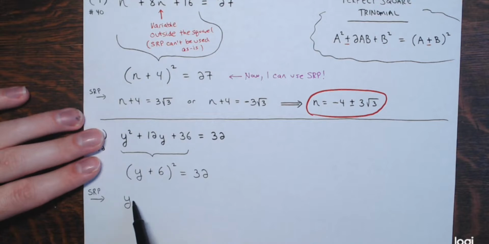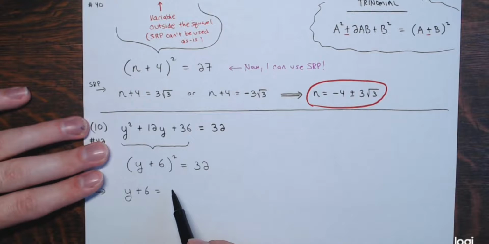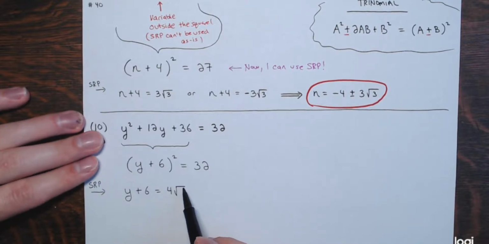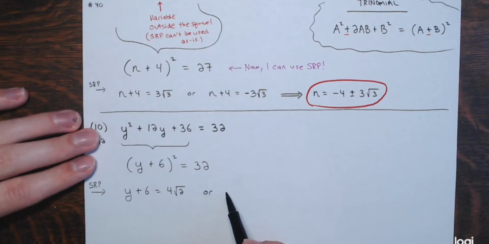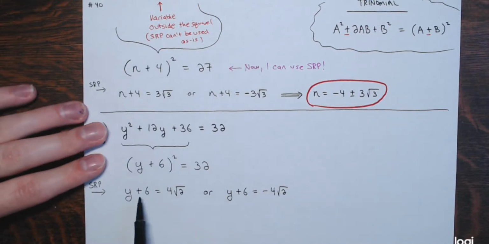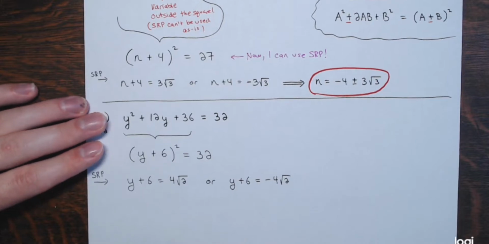So by the square root property, y plus 6 is either positive square root of 32, which is 4 times the square root of 2, square root of 16 times the square root of 2, or y plus 6 is negative square root of 32, or negative 4 times the square root of 2. Then I would just subtract 6 from both sides to get y alone.